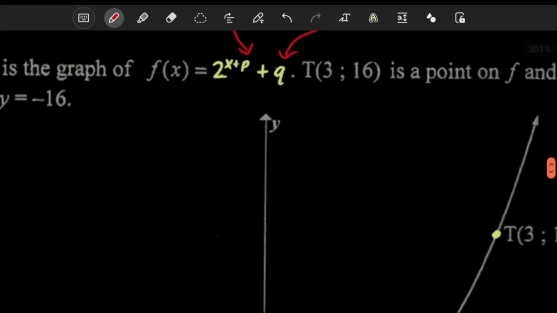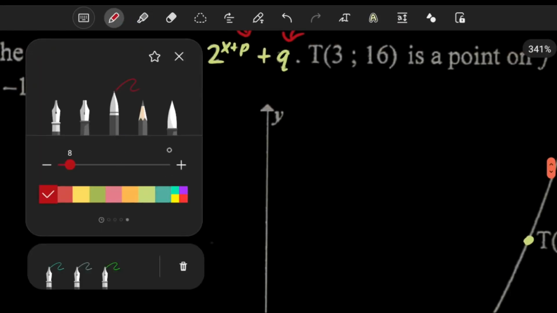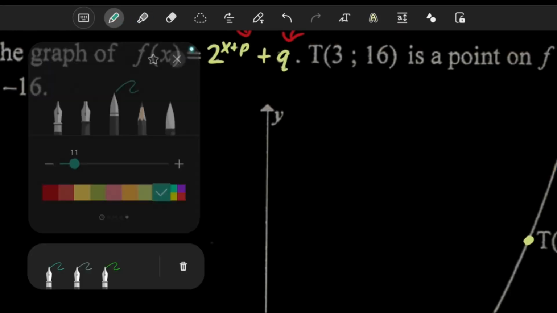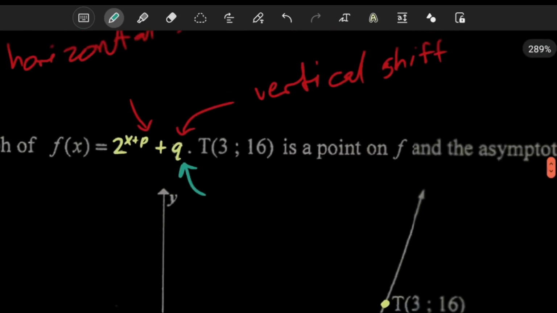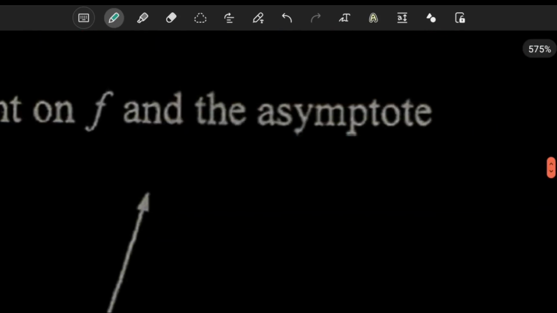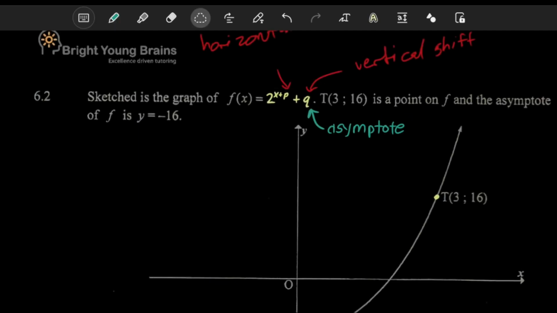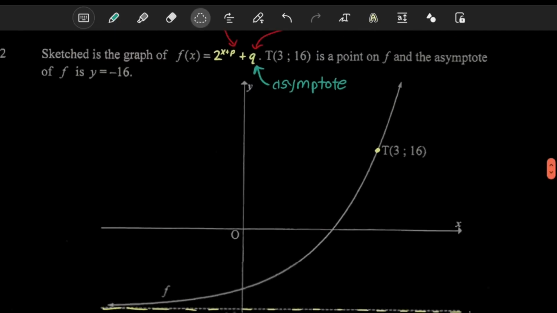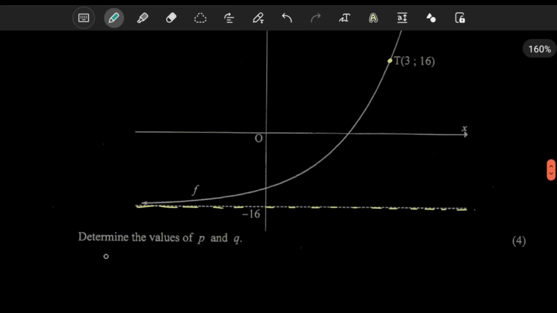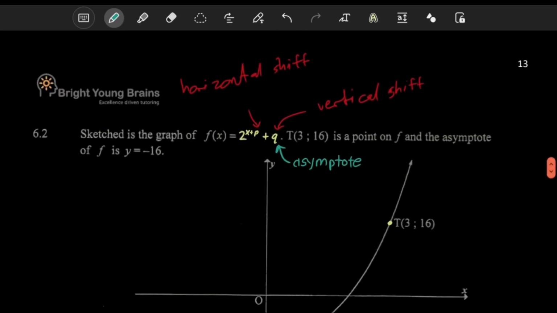Getting p and q, looking at where q is, it's just going to give us our asymptote. How do you spell asymptote? Let's steal this one. There we go. This also gives us our asymptote. So automatically we know what q is. Q is just -16, because whatever q is on your actual Cartesian plane is what it is on your actual graph.